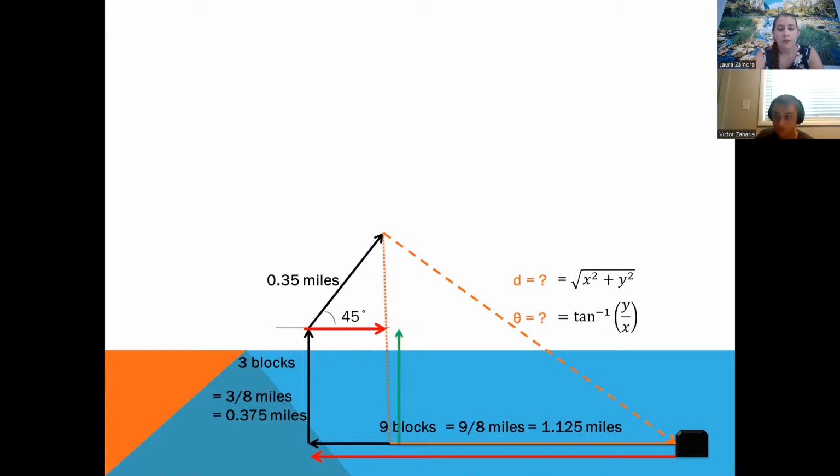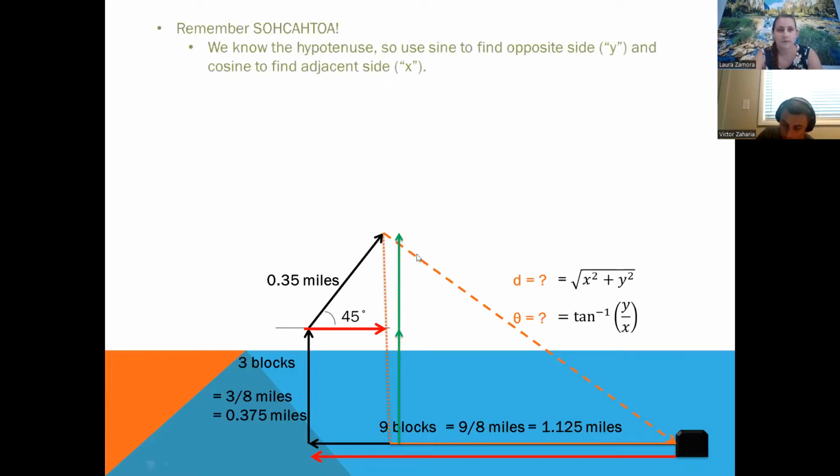For our y components, we have our 3 blocks north, and we have whatever this component is from our northeast direction as well. So 2 components in the x direction that oppose each other, and 2 components in the y direction that are in the same direction, so they will add together.